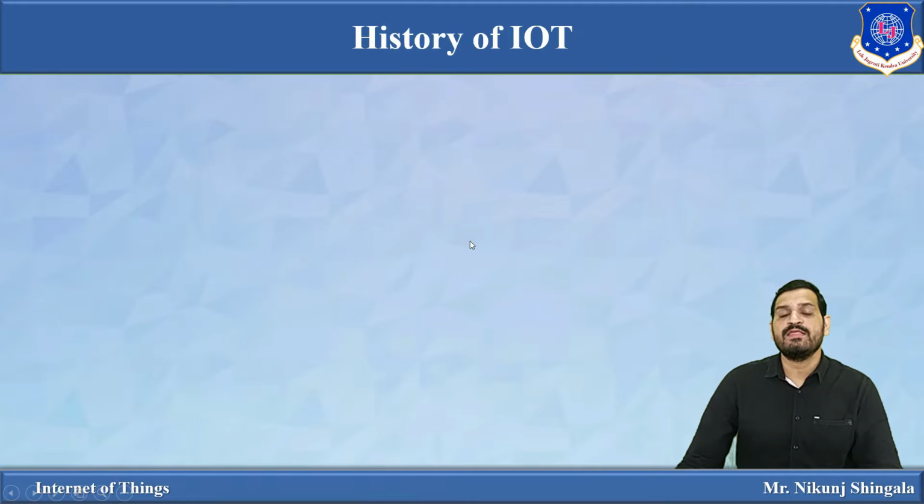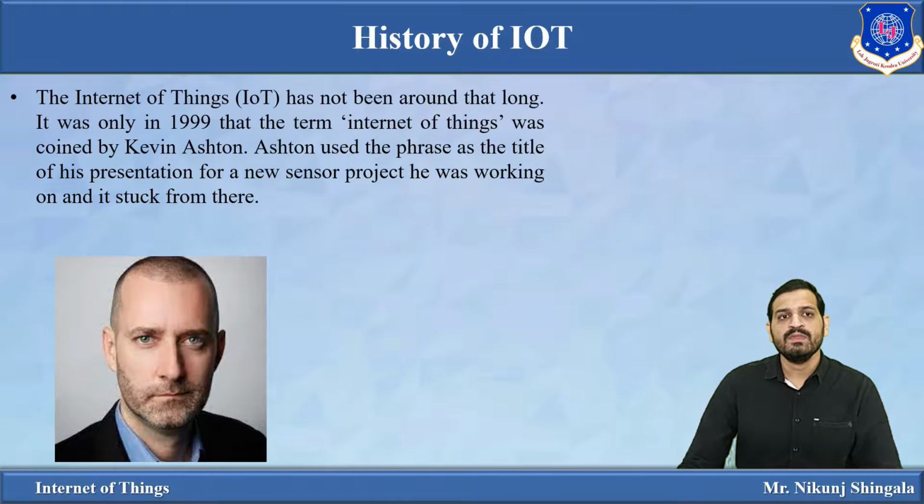Now let us see the evolution of IoT, that is the history of IoT. Internet of Things has not been around that long. It is since 1999, we can say. In 1999, the word Internet of Things was first coined by Kevin Ashton. You can see the image.